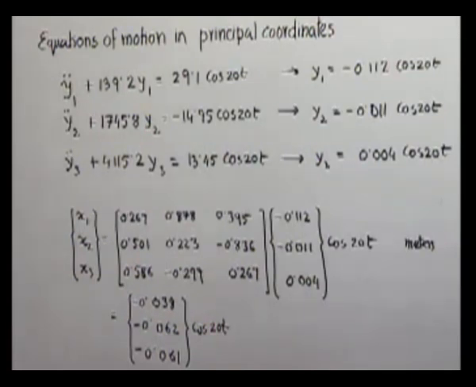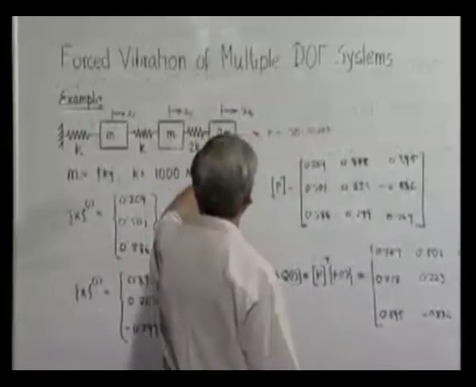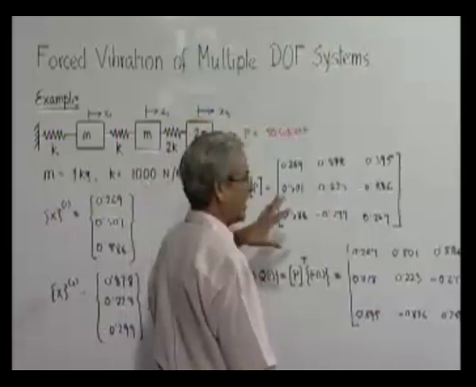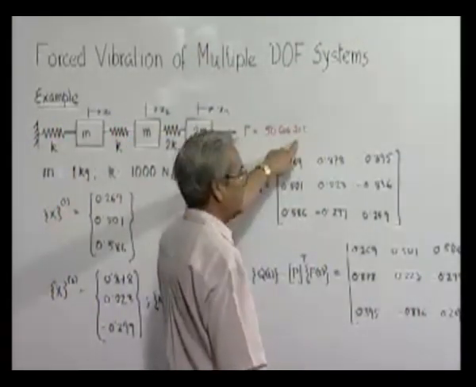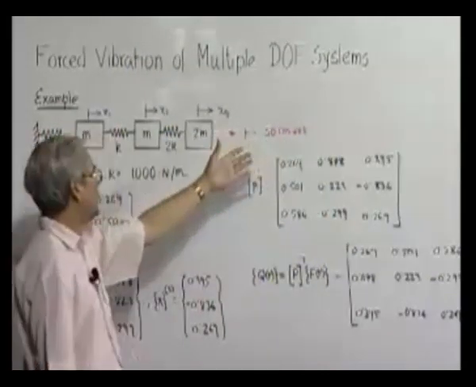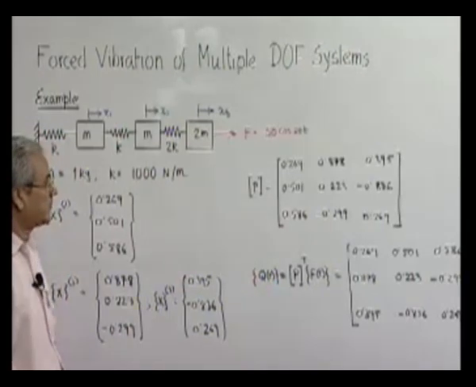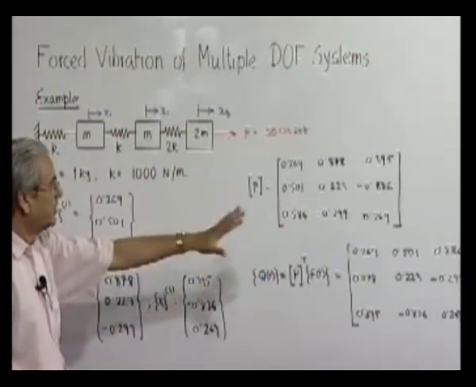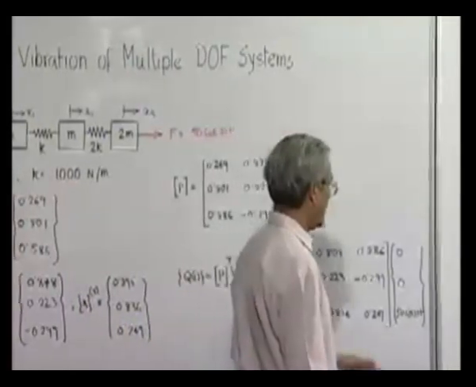We find out x1, x2, x3 as functions of time. Of course, in steady state solution for a forced vibration problem, we always know that the transient will go and steady state oscillation will have to be with the same frequency, which is the frequency of the force. Now, so this is the general procedure.